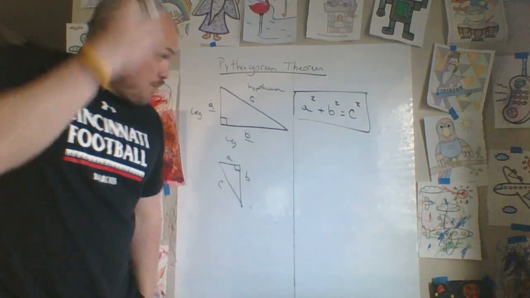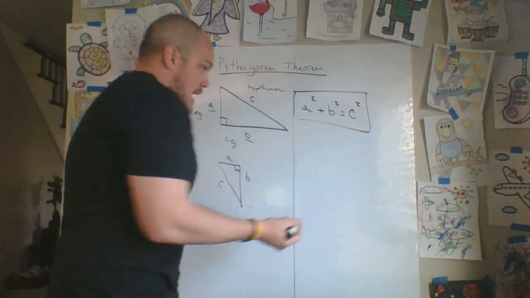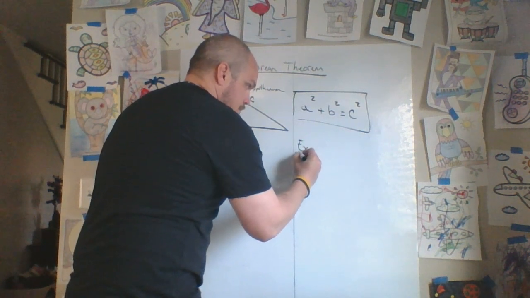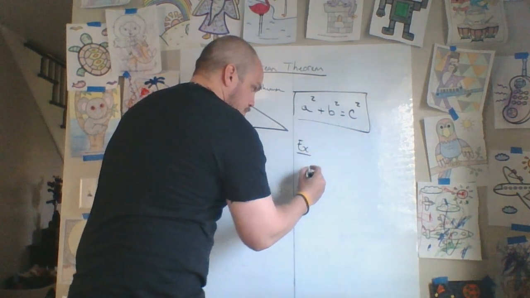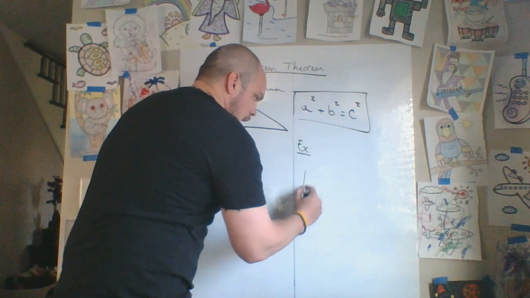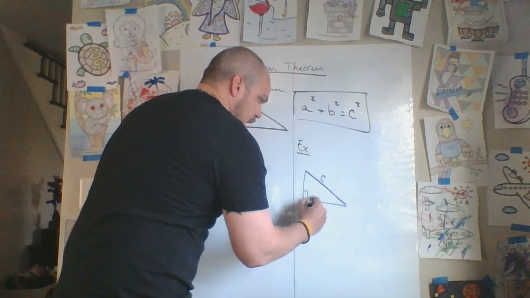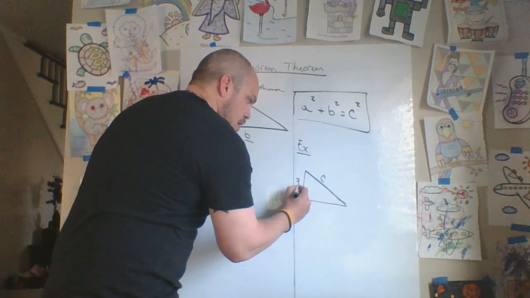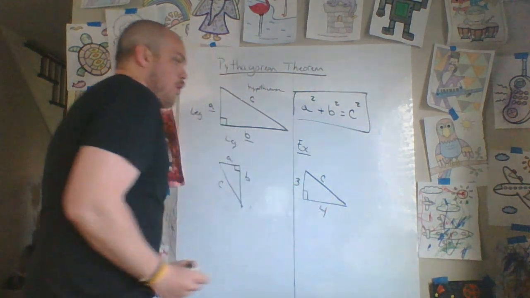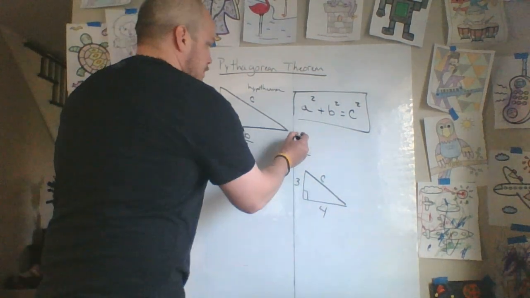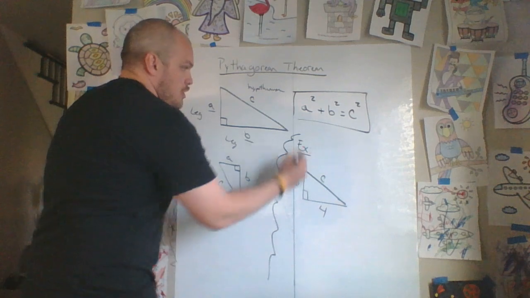Okay, so for today, we're going to go ahead and have a triangle. This is our example problem. We have our triangle. We are trying to find the hypotenuse. We have 3 and 4 as the lengths of our triangle.